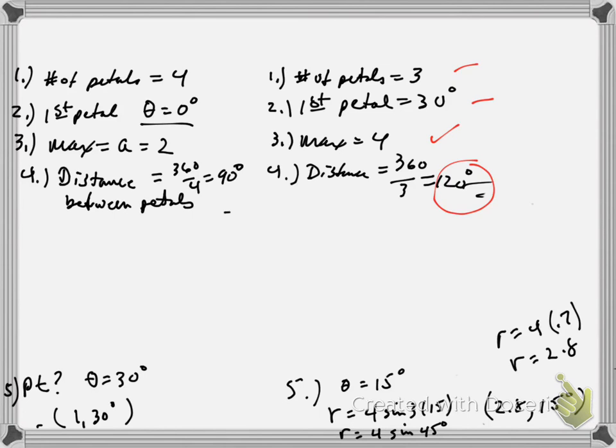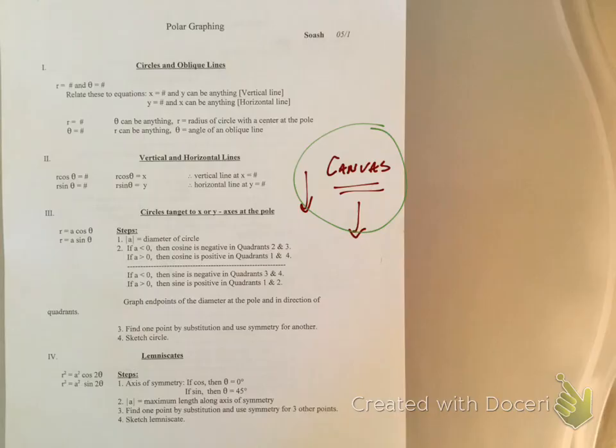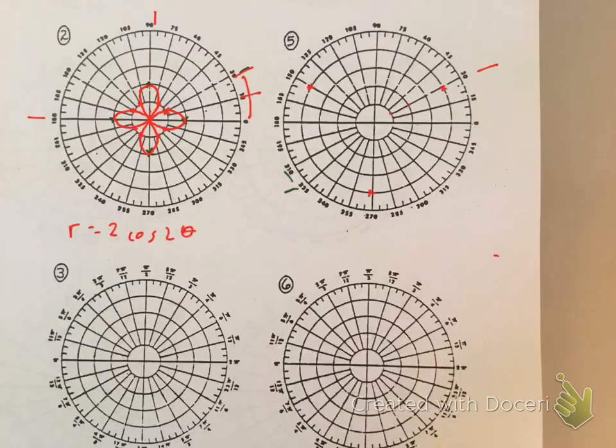And now I need this point, which was 2.8 and 15 degrees. I want this to be purple this time. So I'm supposed to go 15 degrees and go out to 2.8, which is about right here. Now this is 1 spoke of the wheel away from the axis of symmetry.